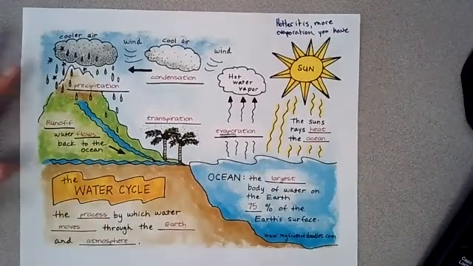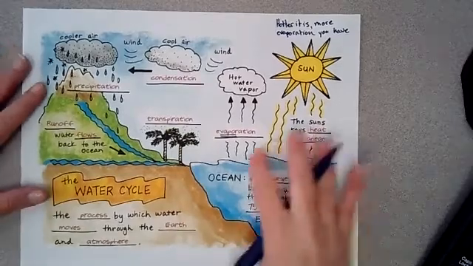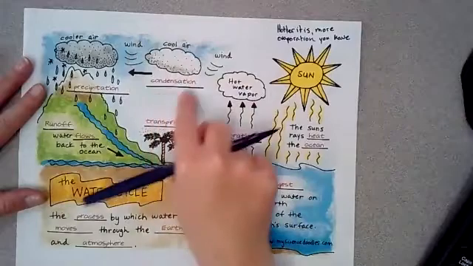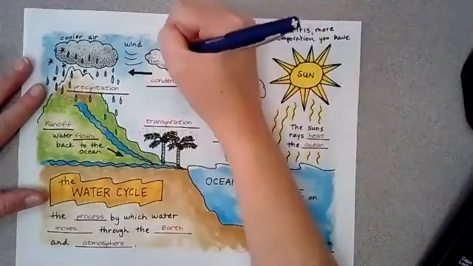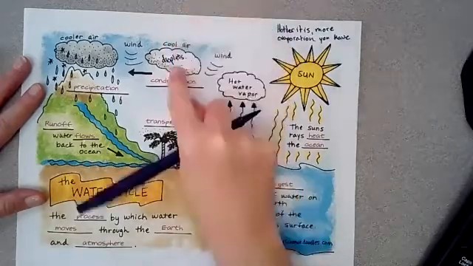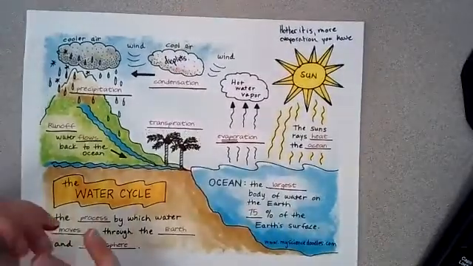So then let's talk about it, it keeps on moving. The hot water vapor rises and then it condenses into a cloud. And when it's in the cloud, it is in the form of droplets, okay? Inside the cloud, it's water droplets.